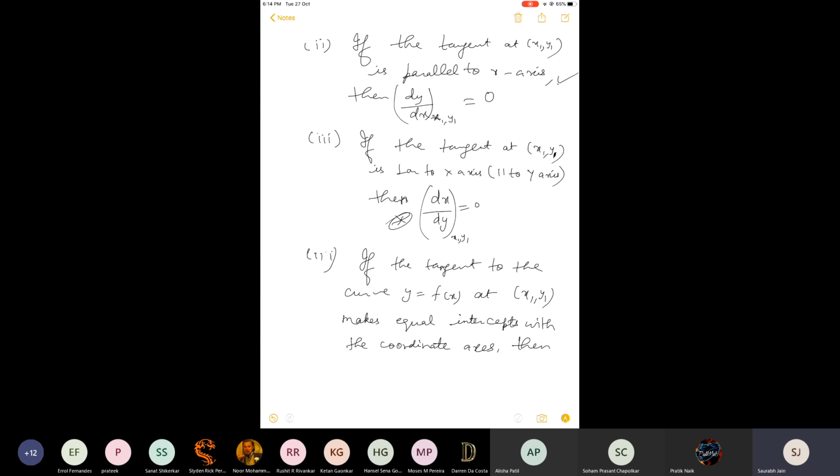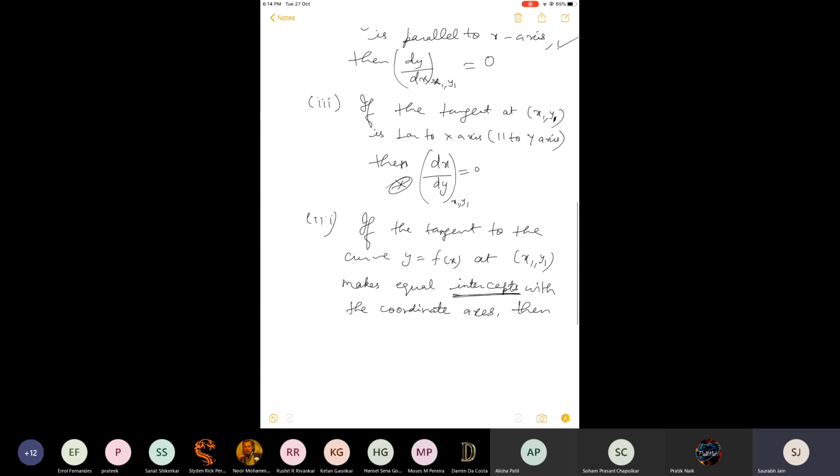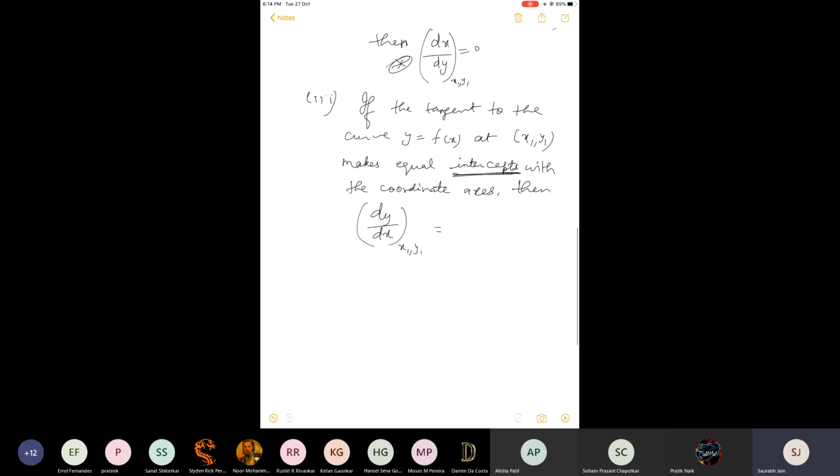That means with both the axes, the tangent is making equal intercepts. You remember the intercept form of a line, x by a plus y by b equal to 1, something like that. So they are saying that whatever that tangent is, it is making equal intercepts with the coordinate axes.